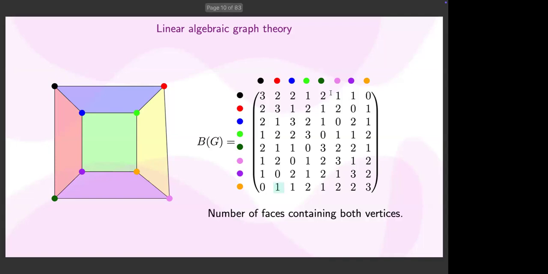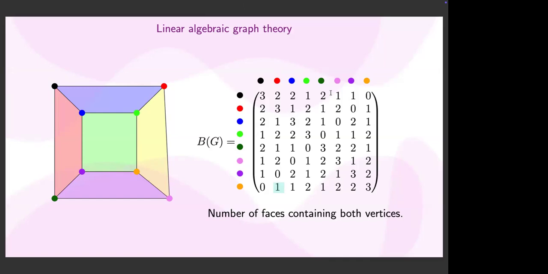So I did make this slide in a hurry, so it could be that this highlighted entry is wrong. But anyway, this entry should be the number of faces containing both vertices. So in this case, it's the red and orange vertex, and I think I'm right. That only the yellow face contains the red and orange vertex. So the entry is 1.